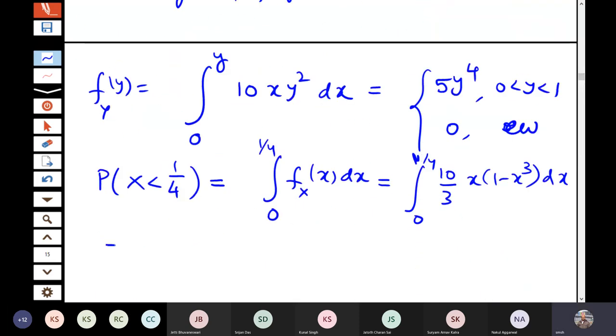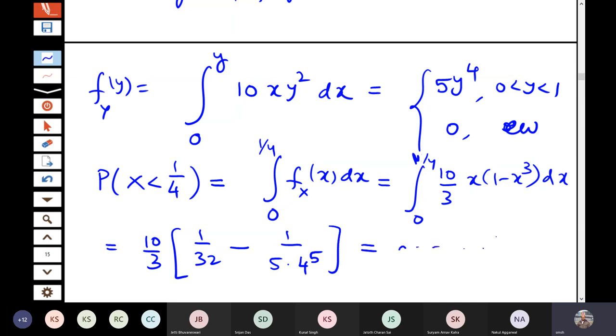Of course this can be easily evaluated, 10 by 3 and then you have x square by 2, so that becomes 1 by 16, 1 by 32, and here you will get x to the power 4, so that is x to the power 5 by 5, so 1 by 5 and 4 to the power 5. So this of course you can evaluate easily.